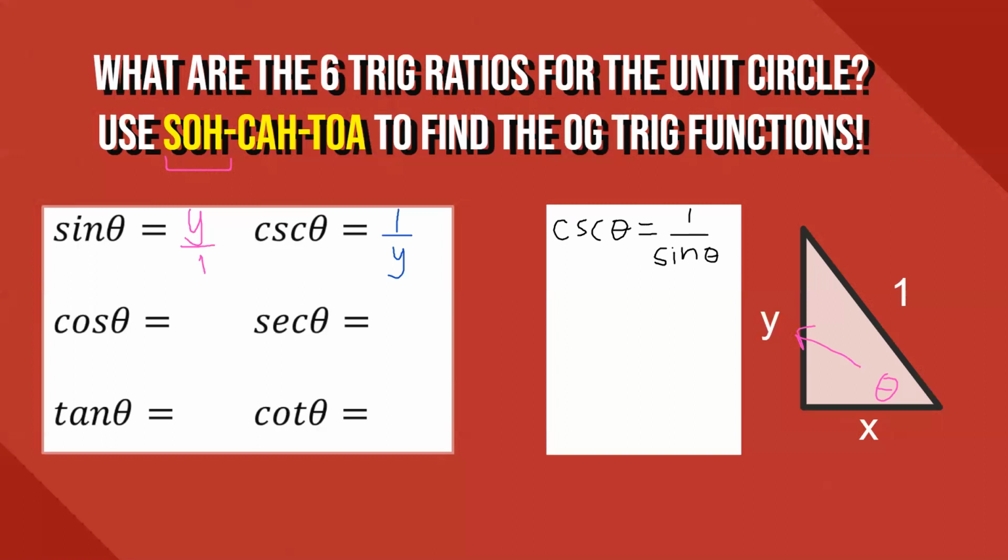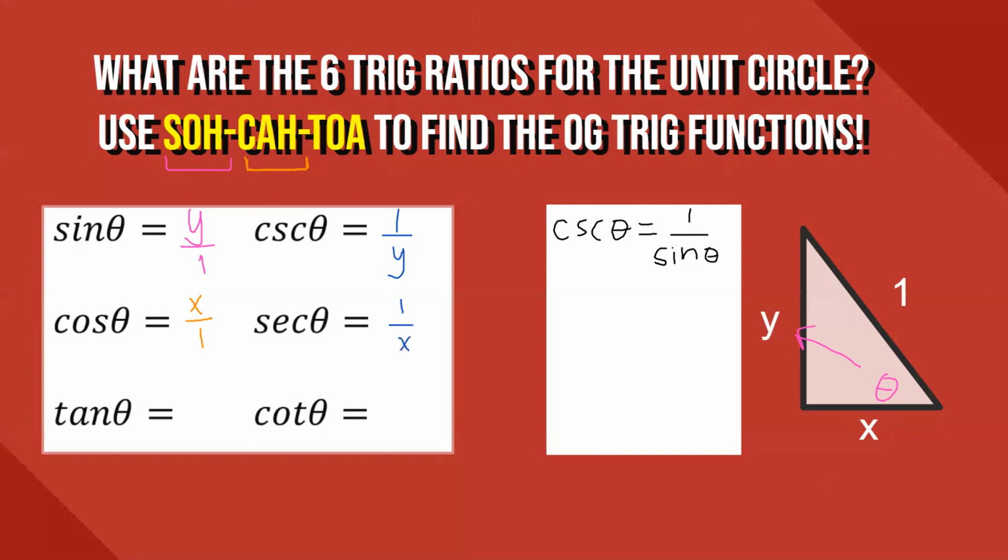Now let's look at cosine. The KA, adjacent over hypotenuse. Still for angle measure theta, the adjacent side was x and the hypotenuse was still 1. So if cosine is x over 1, secant is going to be that reciprocal. Secant is going to be 1 over x.